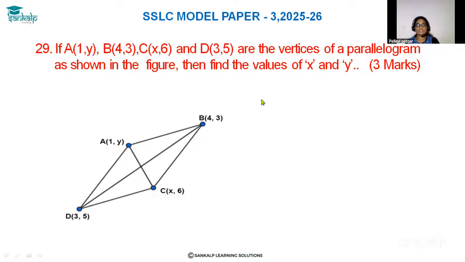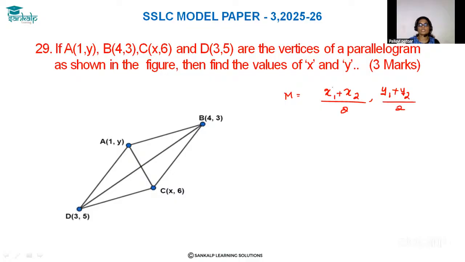Okay, so here the diagonals of a parallelogram bisect each other, meaning their midpoints are the same. So here the midpoint formula: M is equal to ((x1 plus x2) divided by 2, (y1 plus y2) divided by 2).